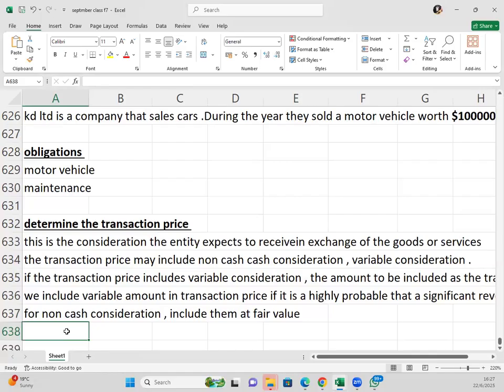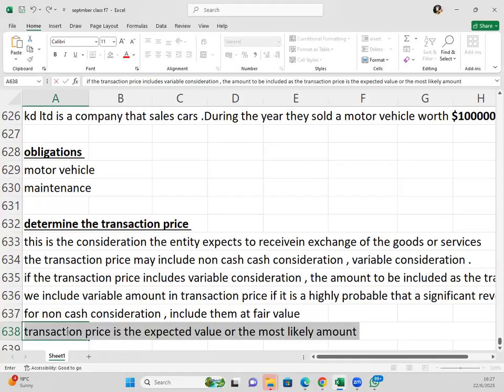Then, if there is a contingent consideration, maybe some of the payment can be made later. So someone has to pay now, and the balance they can pay later.